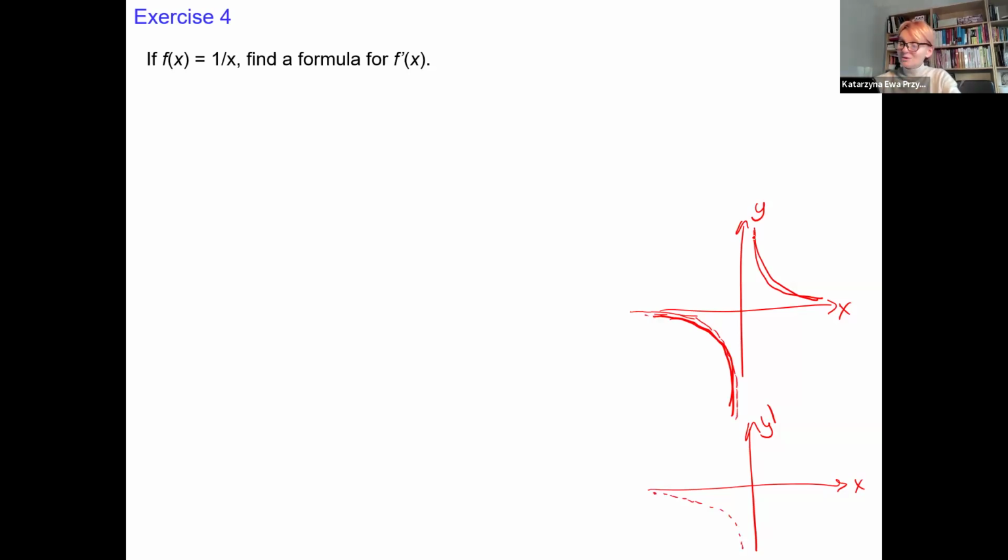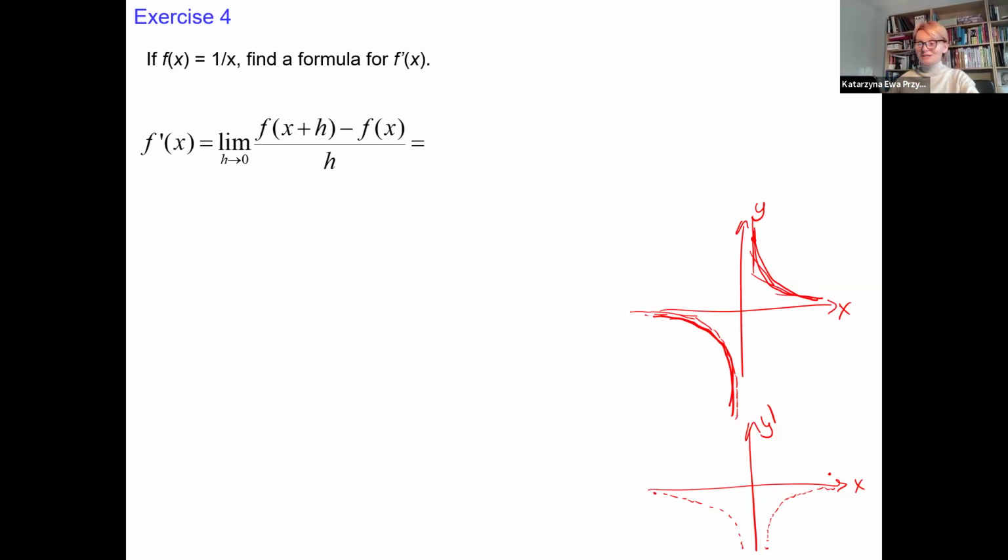Let's look at this one. Slope is big, that's big negative. That means we will start here. And then it's getting less steep, meaning the values are smaller, but still negative. I think something like this. Okay, but let's see.